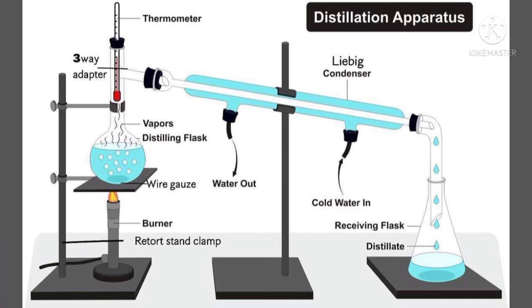The other arm of the adapter connects to a Liebig condenser into which cold water is constantly passed through, then to the receiving flask or the Erlenmeyer flask for collecting the distilled liquid. To collect multiple fractions, you can have another receiving flask.